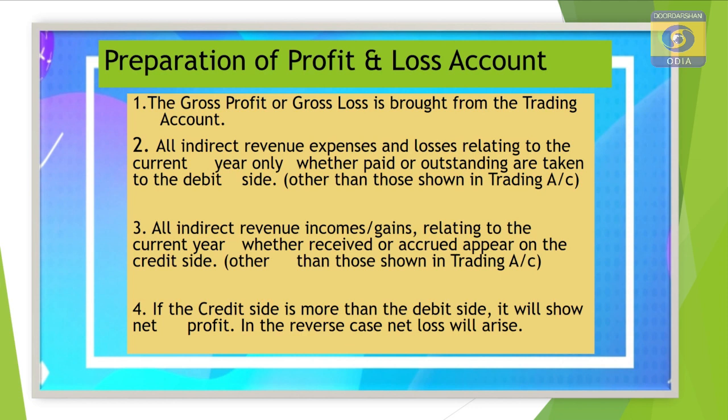So, what is the first step in the preparation of the profit and loss account? The first thing, whatever is the gross profit or gross loss that we had found out in the trading account, that will now be brought from the trading account to the profit and loss account.